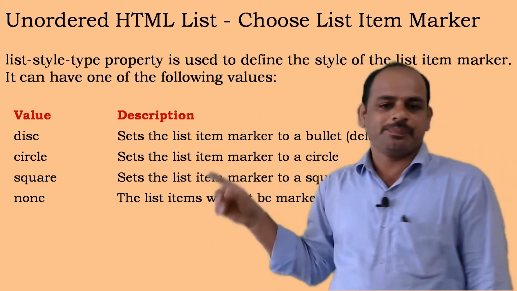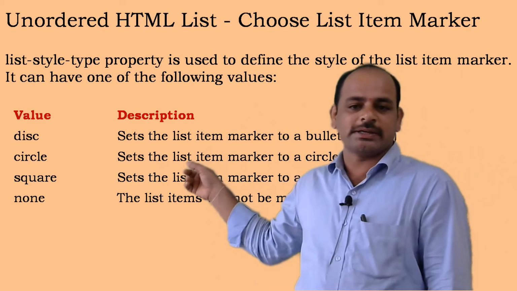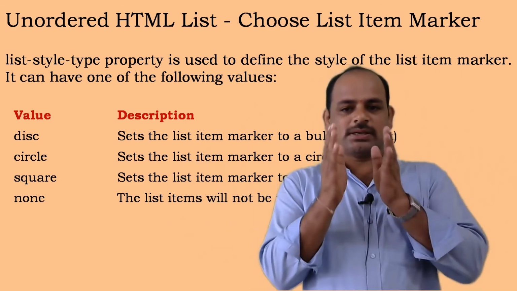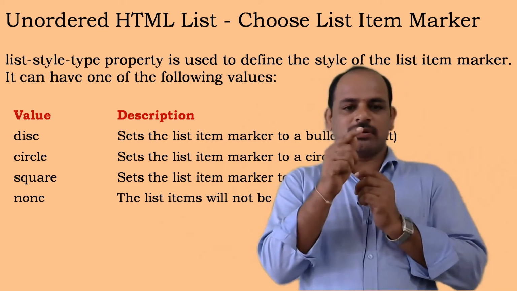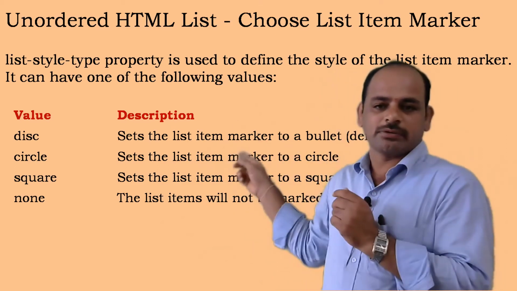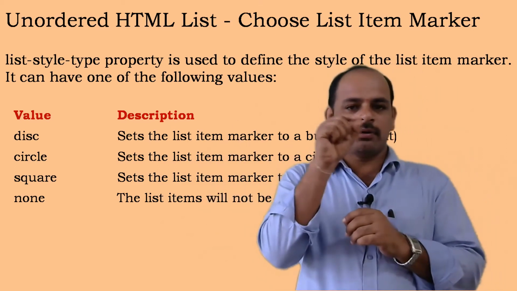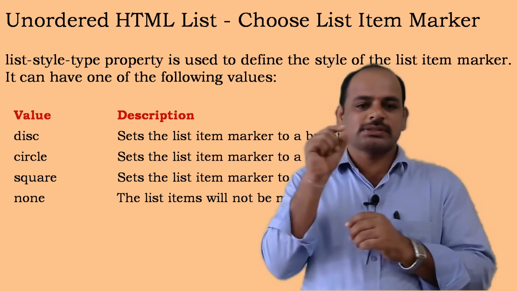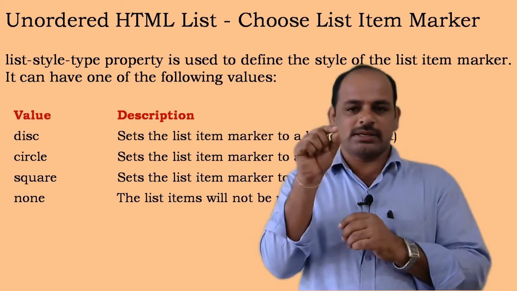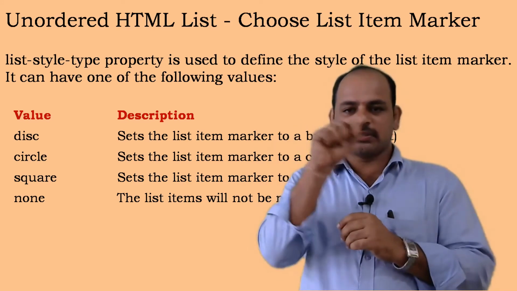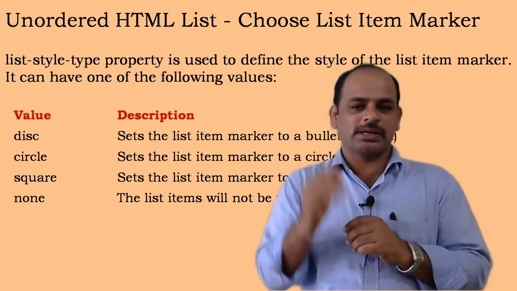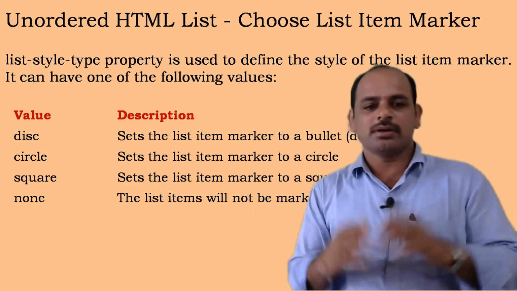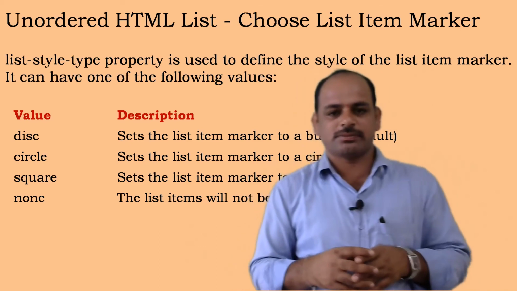So basically, the bullet means a black dot, and if you set circle, a circle appears on the left side. Square means a square box will appear beside the list item. None, the list item will not be marked here. Default will be taken.